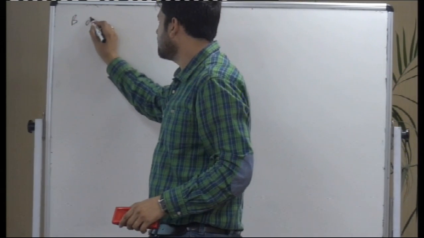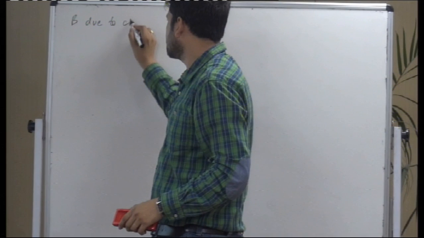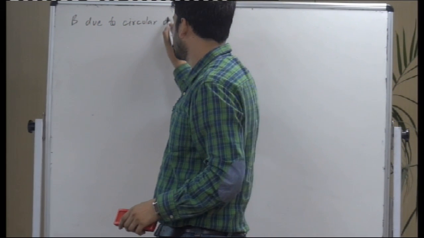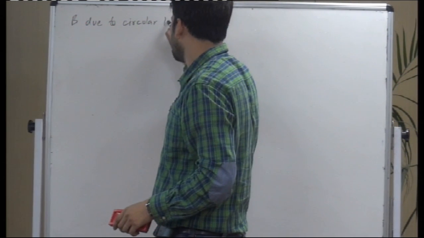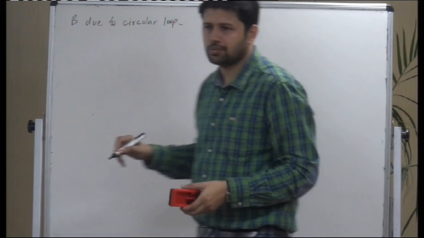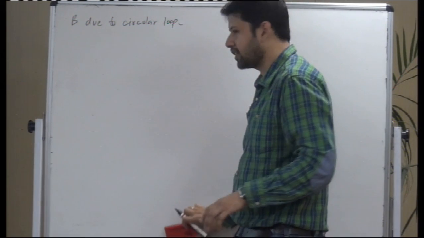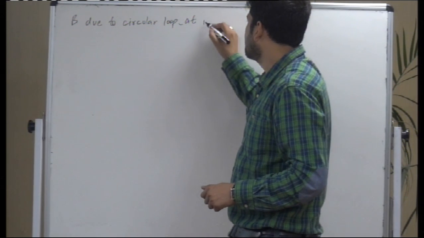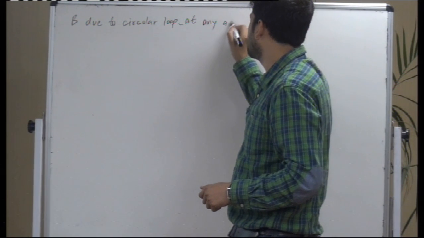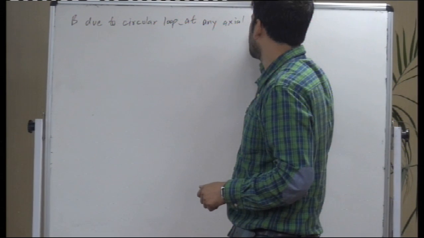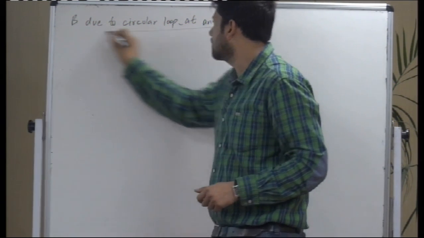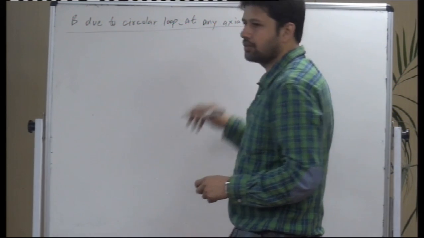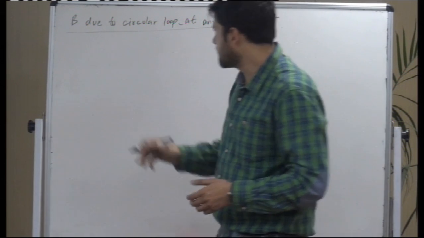This is the magnetic field due to a circular loop, obviously a current carrying circular loop, it should carry current, otherwise no magnetic field, at any axial point. And we would study some special cases of this.